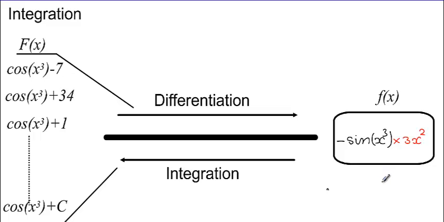You understand what I'm saying? Okay. How do I want you to read that? I want you to read that the derivative of each one of these members of this family is actually minus sine, retaining the same argument, multiplied by 3x squared.